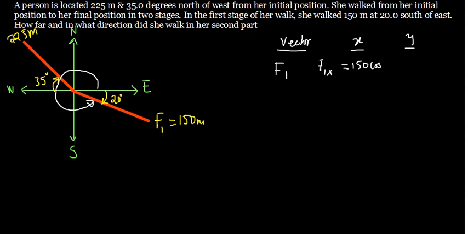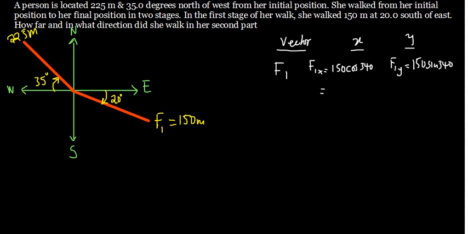What angle is that? 340. So F1x is the magnitude 150 cos 340, and F1y is going to be 150 sin 340. What have you found?